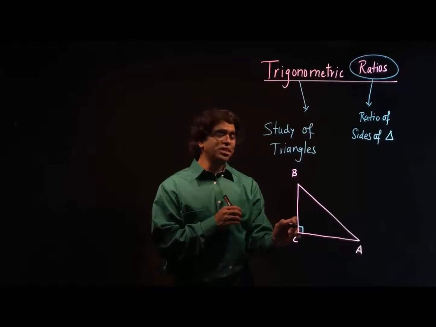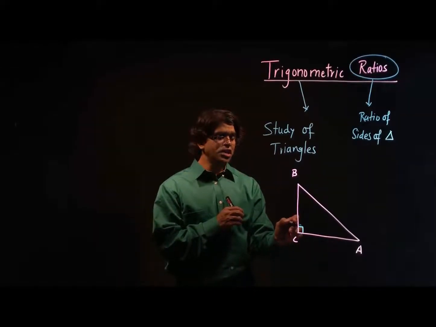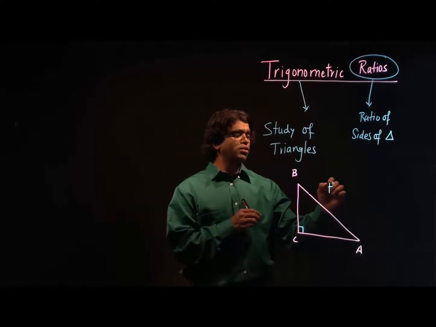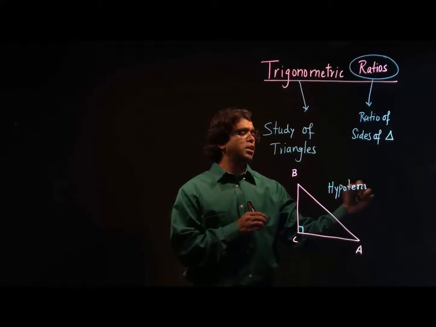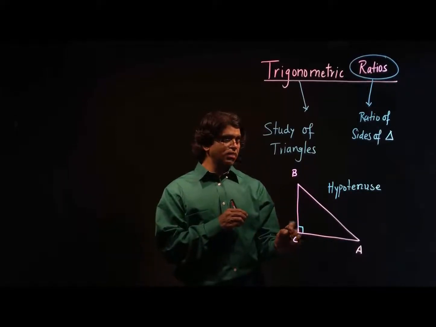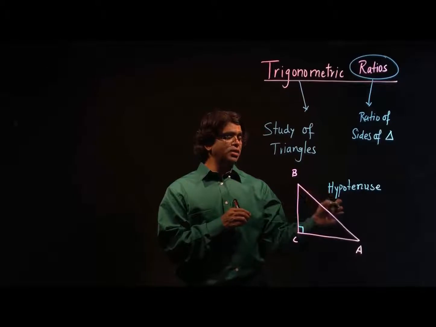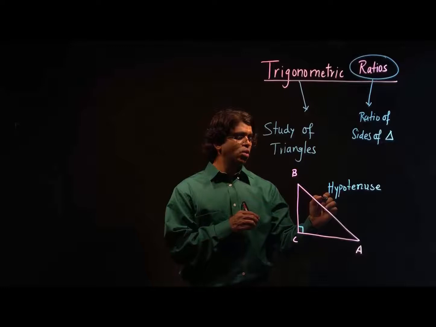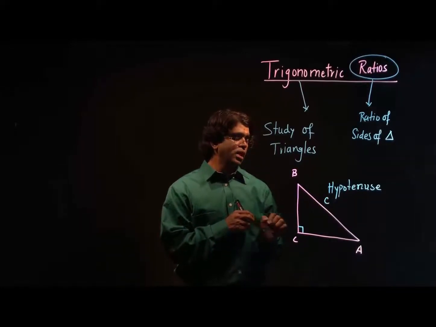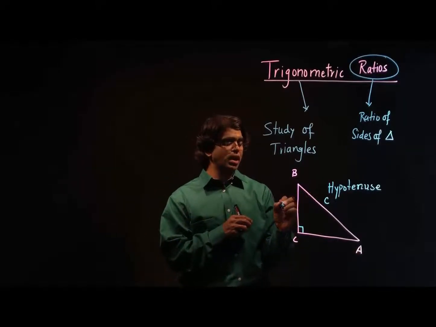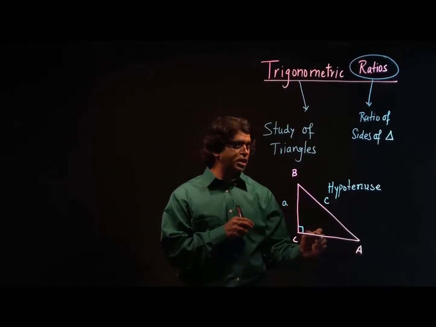Now, the name of the side opposite to the right angle is the hypotenuse. And if you remember, C is the vertex, so the length of the side opposite to the right angle is lowercase c. In the same way, the length of the side opposite to A is small a, and opposite to B is small b.